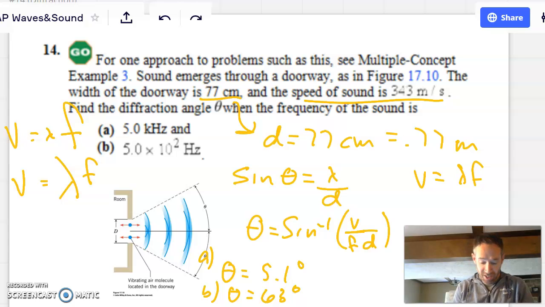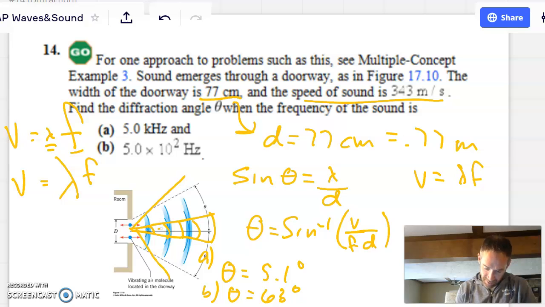The bigger frequency had the smaller wavelength, and the wave diffracted less. And so 5 degrees, heck, I probably still made it too big. So 5 degrees would be this, and so those waves would be spreading out like that in part A. Versus in part B, 63 degrees, it's probably even more than the picture shows. So for part B, it's going to be this biggie right there.